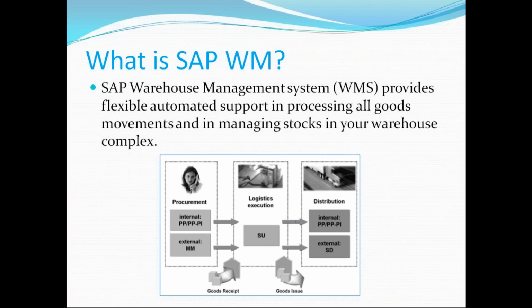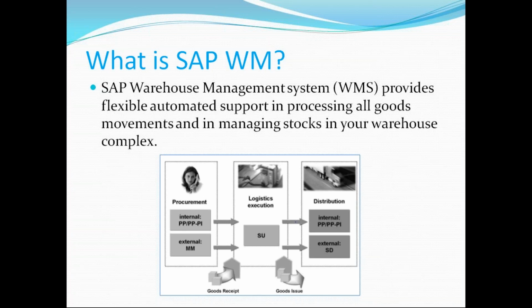This also happens when the material is produced from your plant. Directly from the production department, you can put the material onto your warehouse, or from production planning it will go to the quality management module to check the quality of the material.